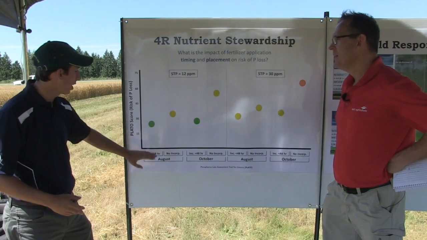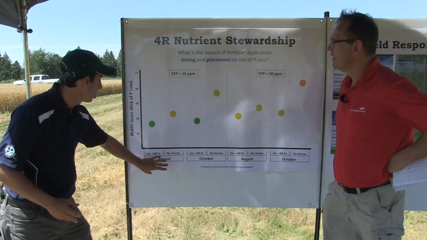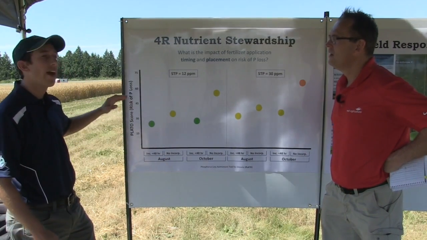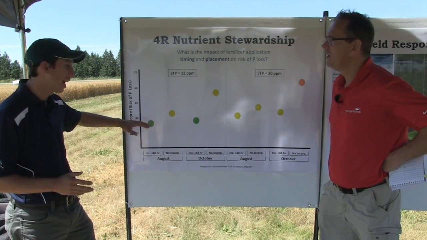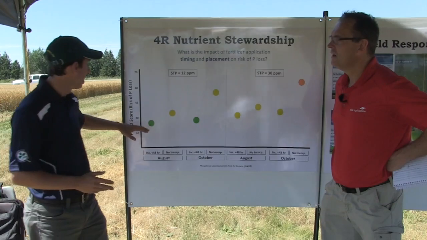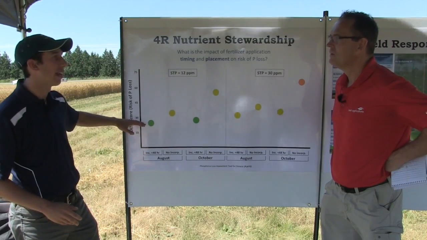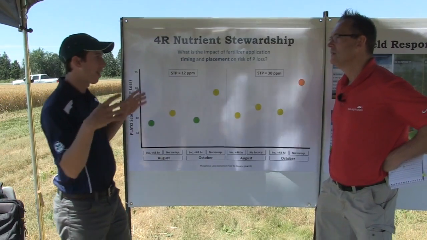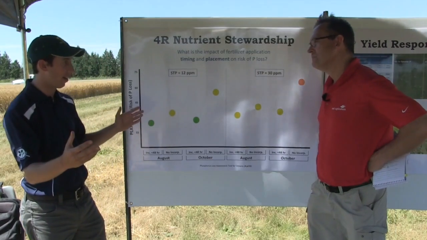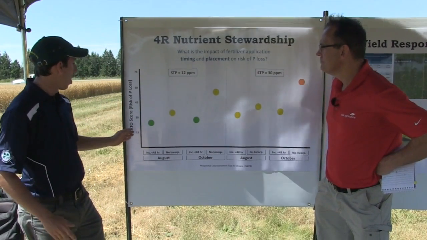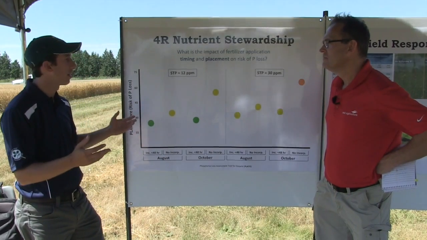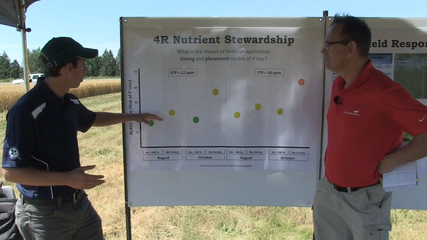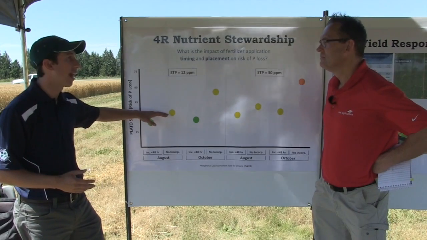When you look at the August application, when that 100 pounds of P2O5 is broadcast and incorporated within a couple of days, it falls within the very low category. So the risk of phosphorus loss for that field is very low. If you were to just broadcast that phosphorus and leave it on the surface, that bumps your risk rating up a little bit, into the low category.